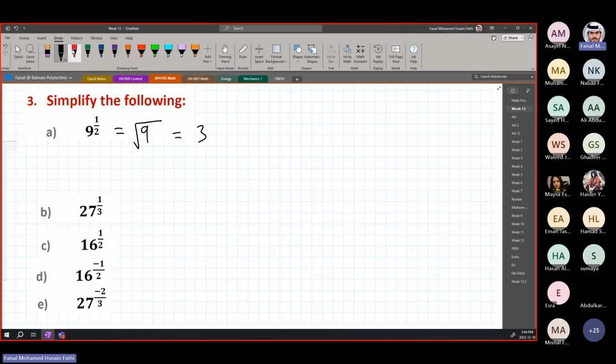So remember, half will mean square root. When we have it in the denominator in the exponent, it means we have a square root. If it's 3, it's going to be cube root. If it's 4, it's going to be fourth root. So for example, a to the power of 1 over 2 is equal to square root of a. If we have a to the power of 1 over 3, this is equal to cube root of a.